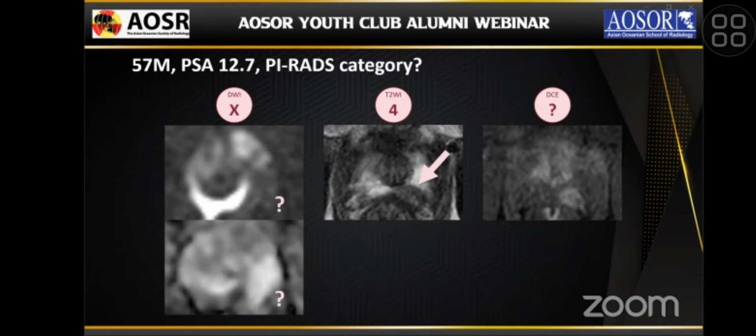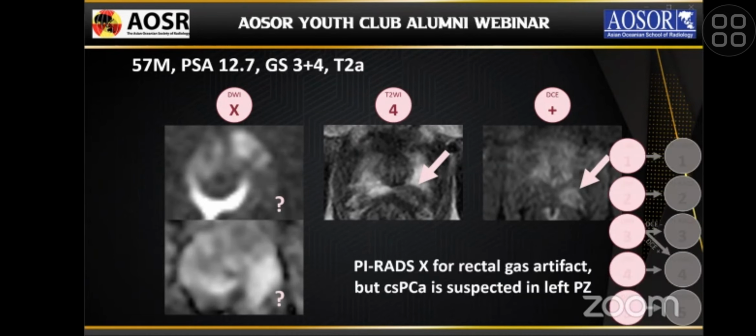T2WI shows a focal hypointense lesion in the left peripheral zone, and T2 score is 4. The lesion shows early contrast enhancement. Overall PI-RADS category is not assigned because DWI cannot be scored, but the finding of T2WI and DCE suggests a clinically significant prostate cancer in this case.